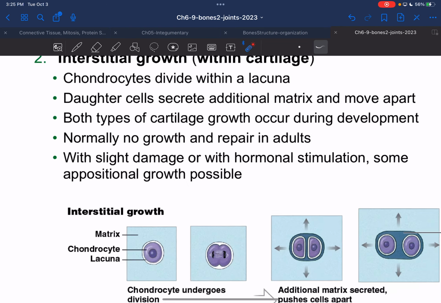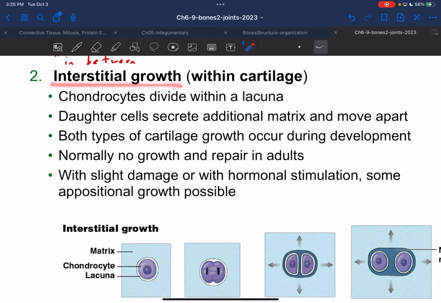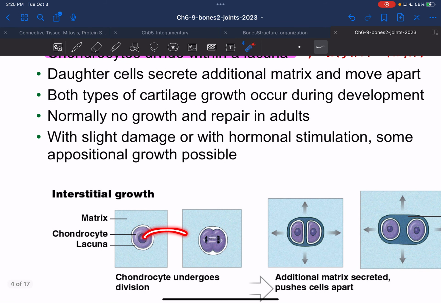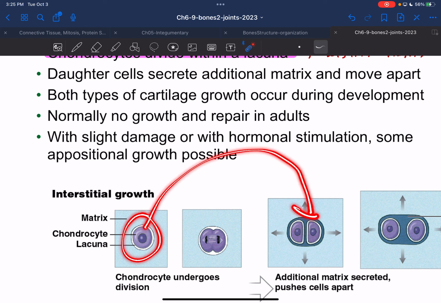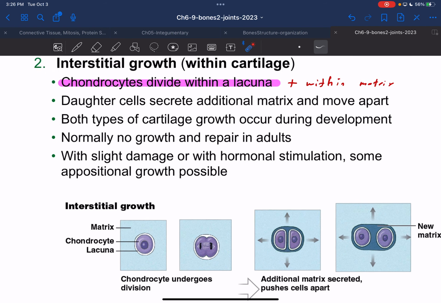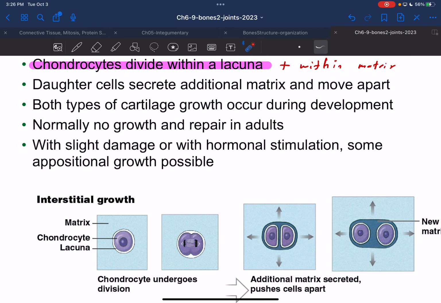And so that's a major fundamental difference between interstitial growth, is that the chondrocytes are dividing within the lacuna plus within matrix. When we refer to a cell cloning itself and it creating two exact copies of itself after, going from this to this, we call each one of these daughter cells, the copies of the cells. And they begin to secrete that matrix and move apart.